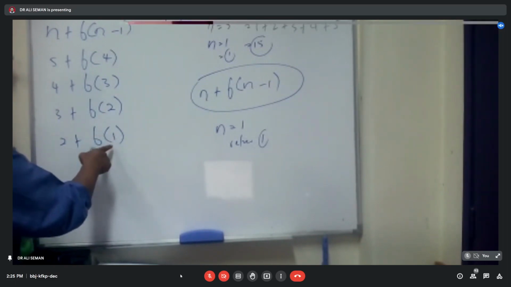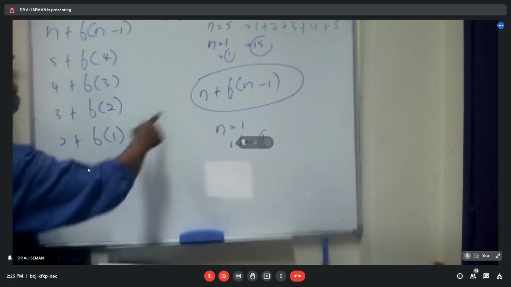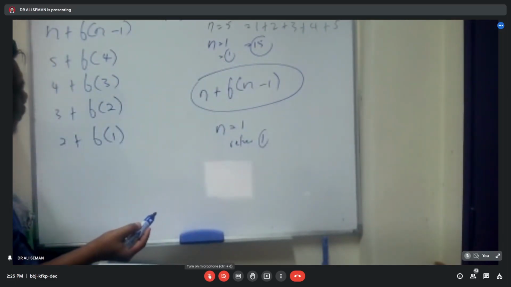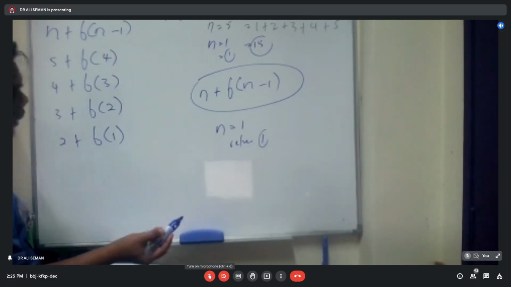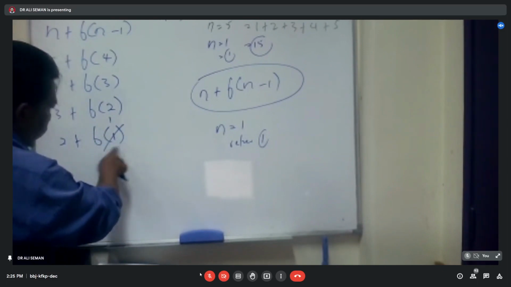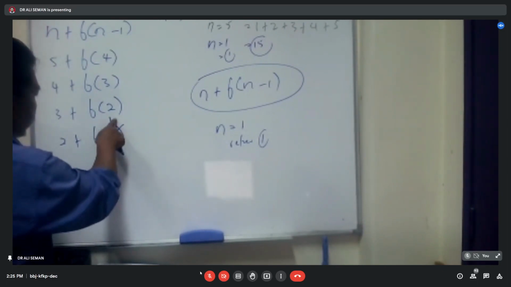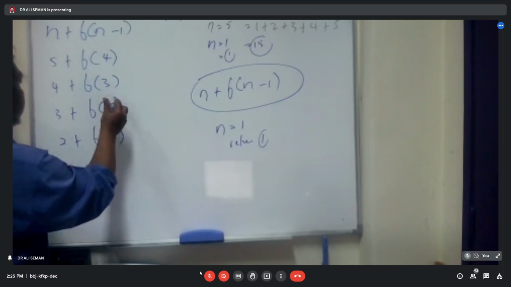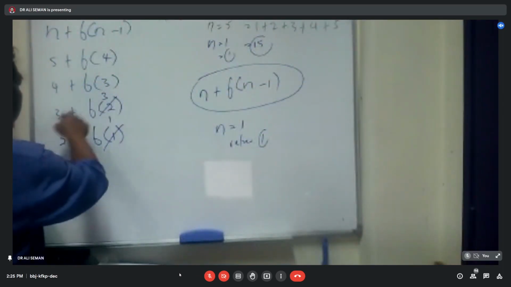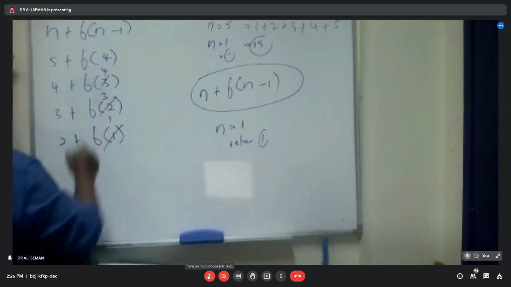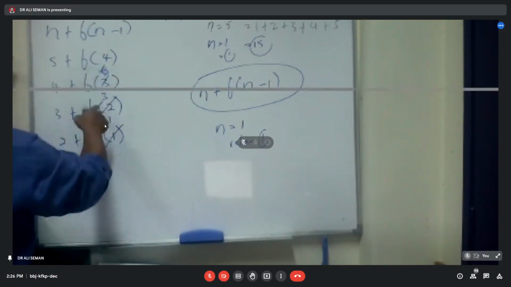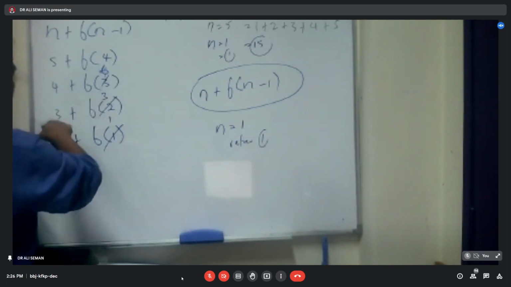So we have 1, return 1, correct? Because n equal to 1. When the function executes this, it will return. So the return value is 1. 2 plus 1, 3, correct? Then this becomes 3, and 3 plus 3, 6.